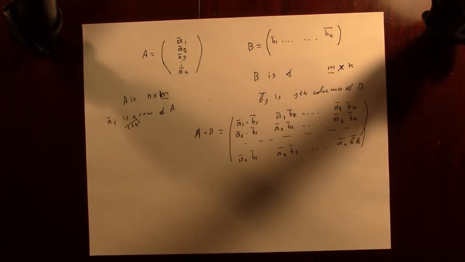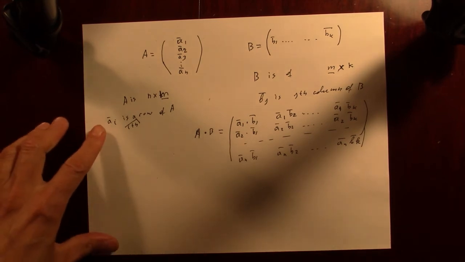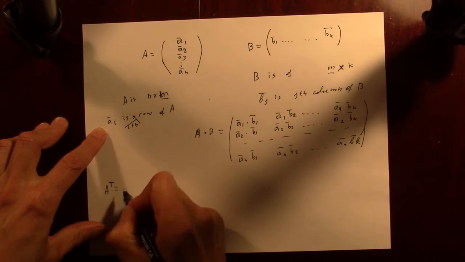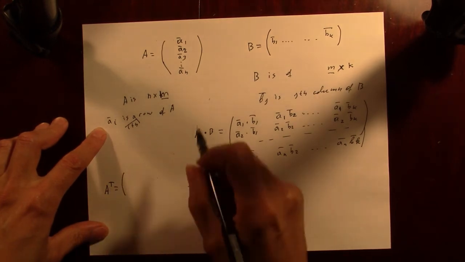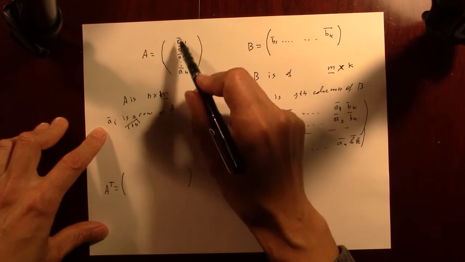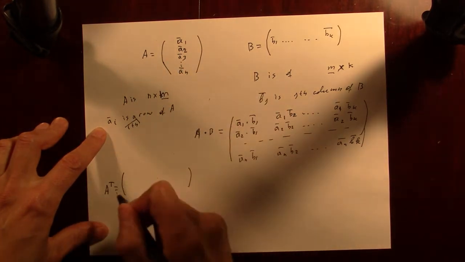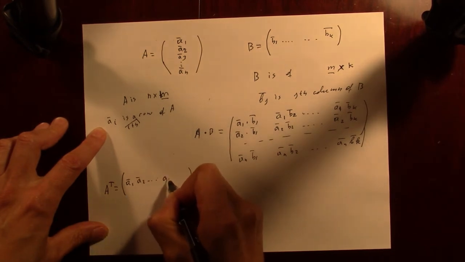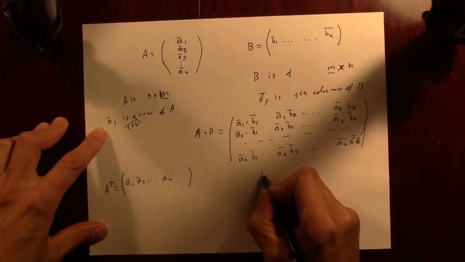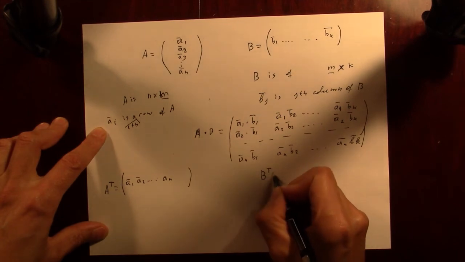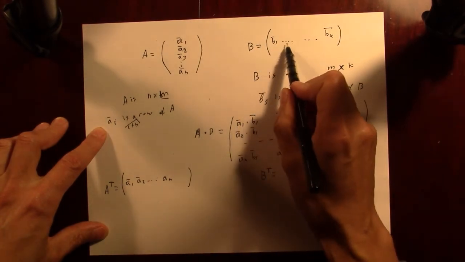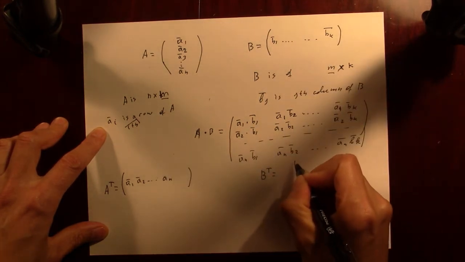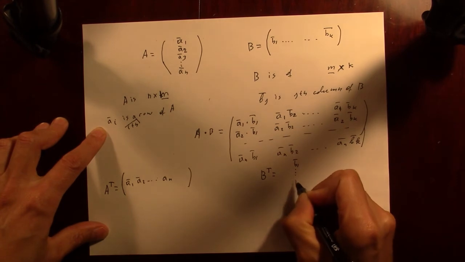So we get the formula for A times B. What you would notice is, if I now write A transposed, rows of A become columns. So now I'm going to have columns A1, A2, and if I write B transposed, my columns B1 through BK, I'm switching rows and columns, become now rows B1 through BK.